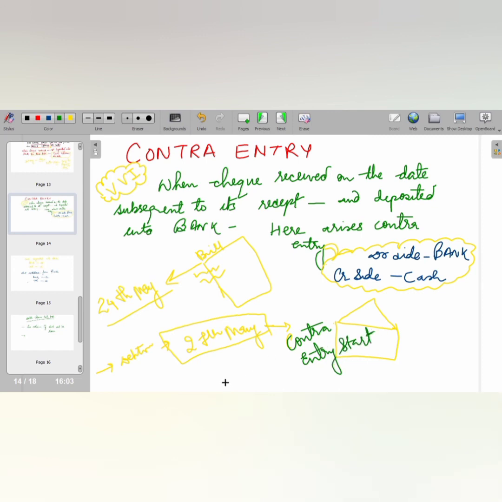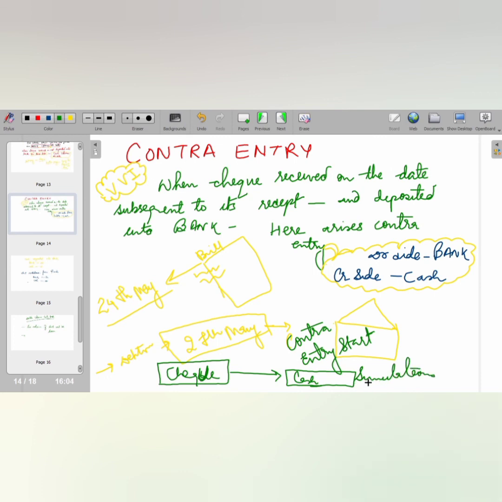Means, see, the two cases here are what? One is we are receiving a check, okay, and this amount, as we are not depositing on the same date, so the cash also occurs simultaneously, okay.